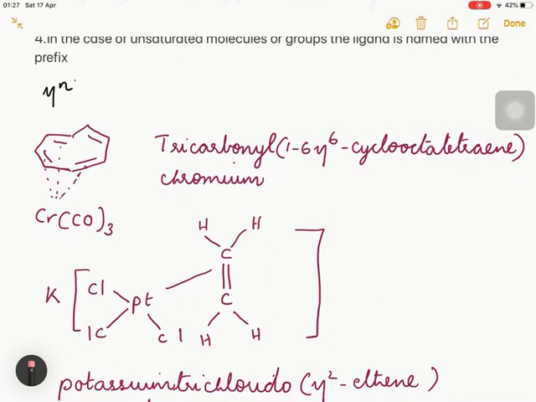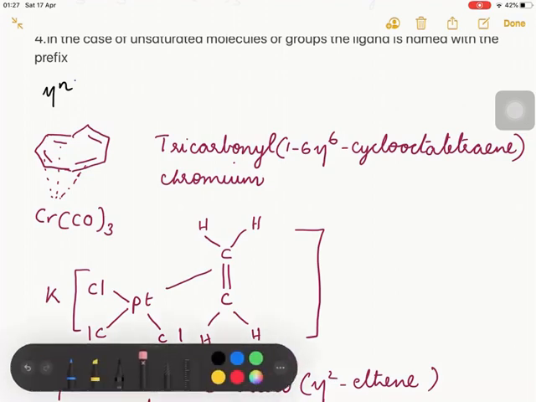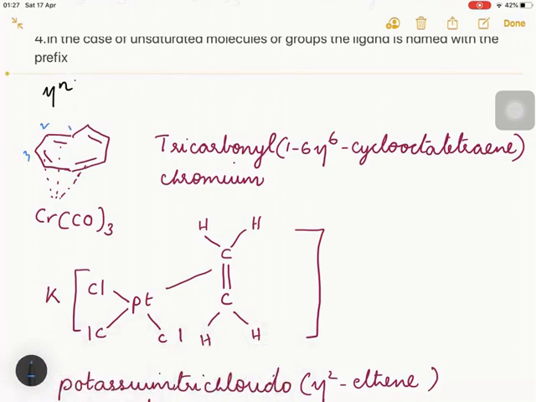So in this particular complex, you can see that these carbon atoms, if you number 1, 2, 3, 4, 5, 6 like that, carbon atoms 1 to 6 are attached to chromium, and we can name this organometallic compound as tricarbonyl 1-6-eta-6.